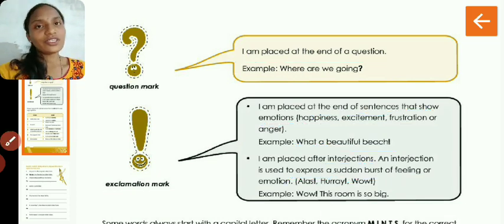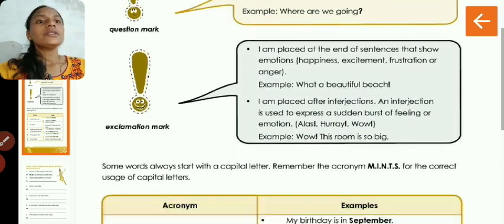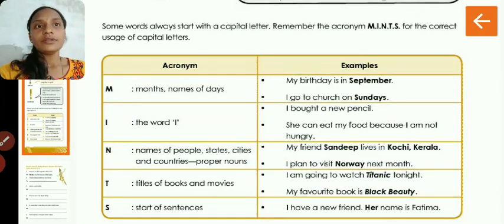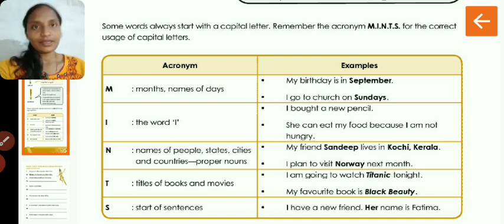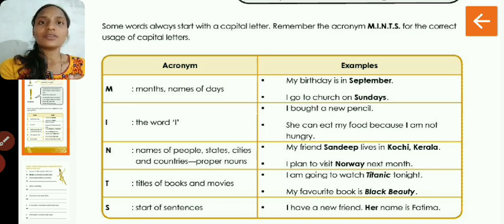So these were the rules we use for punctuation marks, and there are certain rules for when to use capital letters. We had learned the acronym MINTS, and each letter stands for something.